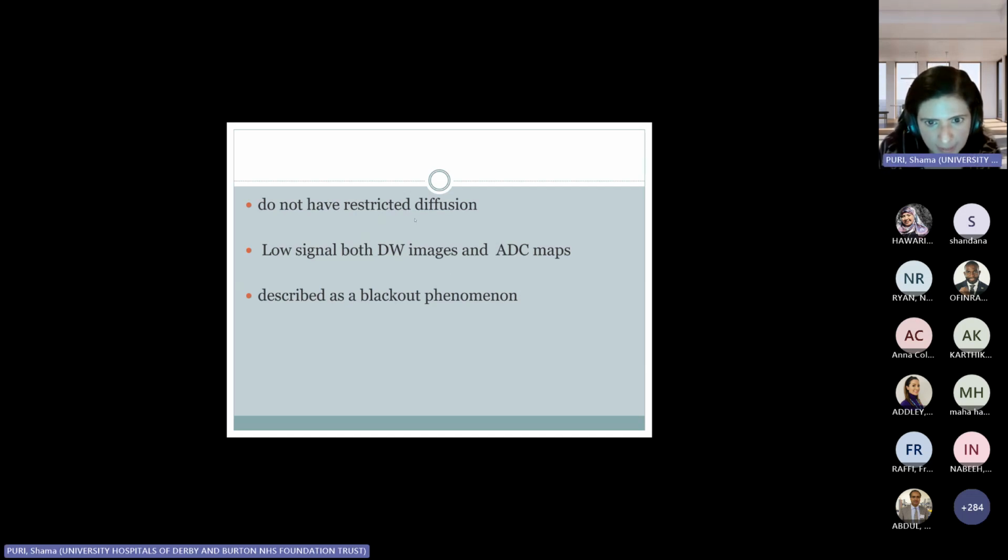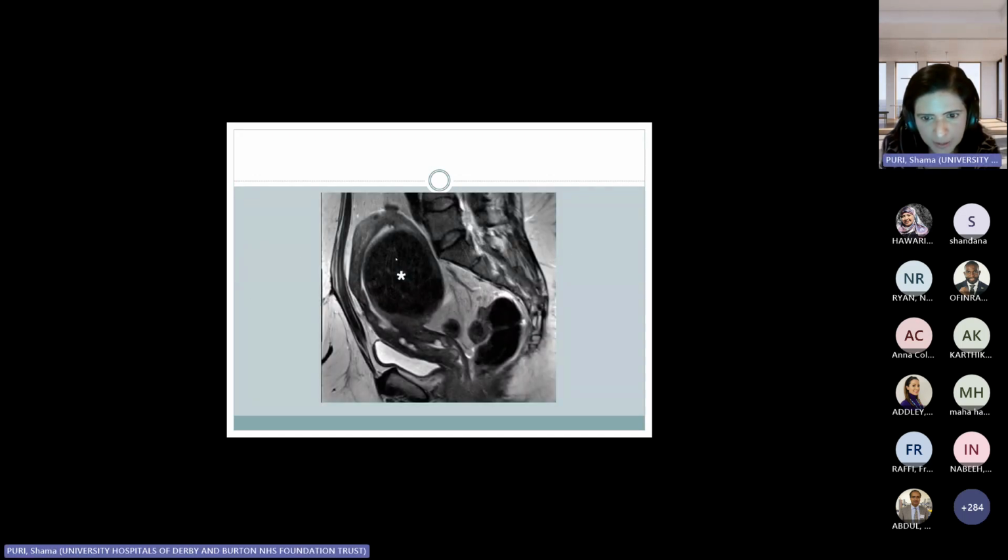Because it doesn't have restricted diffusion, it is low signal on DW and low signal on ADC. Remember, I showed you two images of diffusion weighted MRI to be looked at together. So it's low on T2, low on DW, low on ADC, and somebody has described it as a blackout phenomenon. I guess it helps in remembering. These are the pictures.